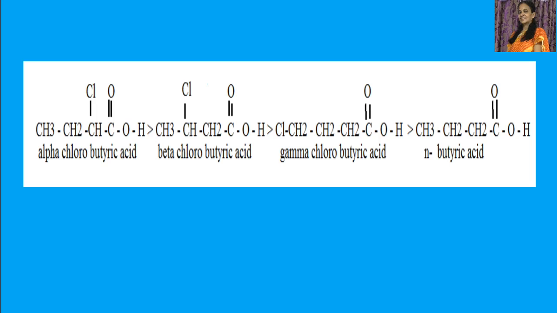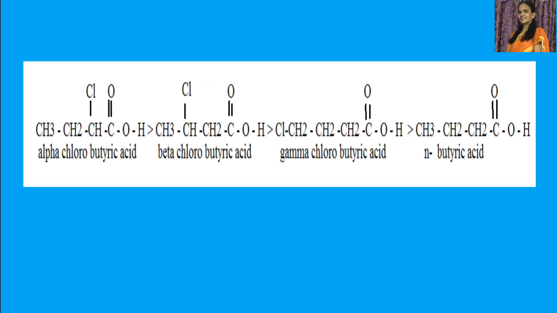Now, let us consider these two. This is gamma chlorobutyric acid, where the chlorine atom is still more away from this source, the OH bond. Because of that reason, it is a less strong acid when compared to beta chlorobutyric acid. And if we consider n-butyric acid, there is no minus I effect. Therefore, its acidic strength is less when compared to all these halogen substituted fatty acids.